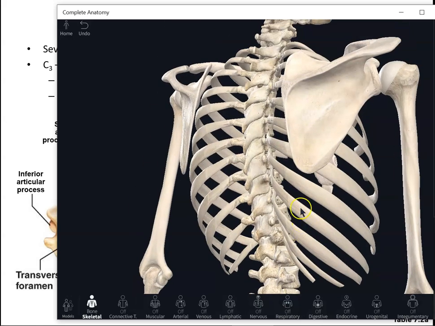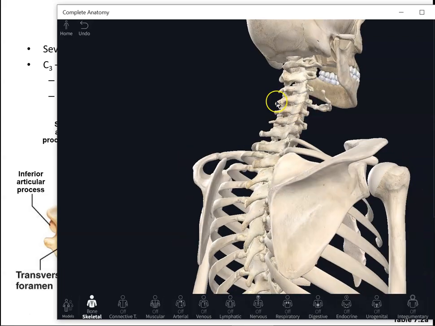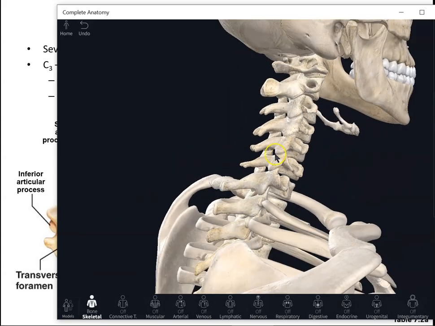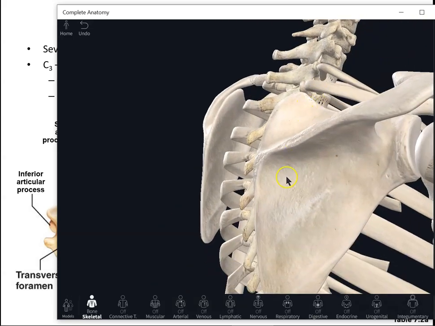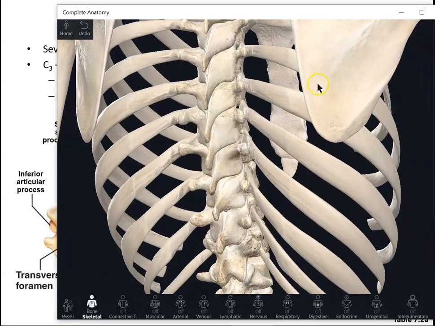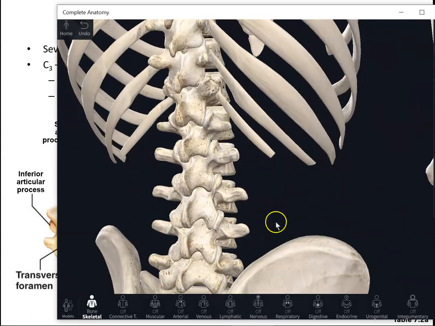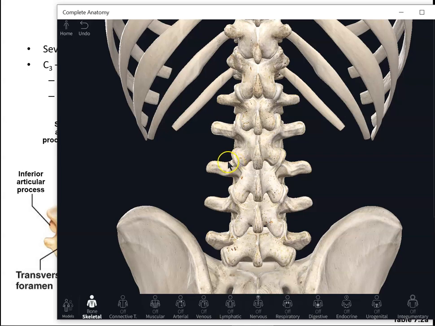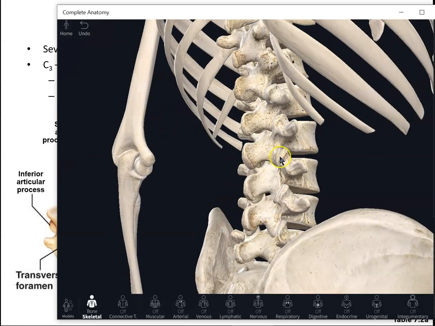So while I'm on this topic, the cervical vertebrae are going to allow the most motion. The neck has to be very, very movable, followed by the thoracic. But the lumbar don't move much at all. They certainly can't twist. So you can't twist from left to right using these vertebrae because the articular facets would prevent it perfectly.